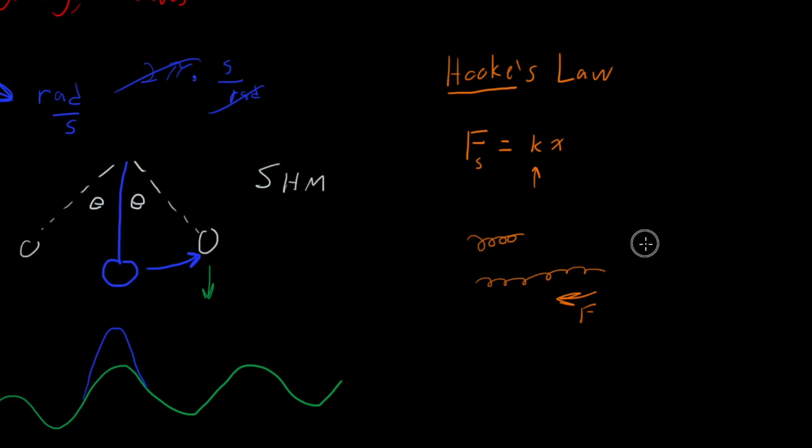And if I were to graph that out, force here, x here, my slope would be my k. So that's really all this equation is saying. It's really just y equals mx plus b.